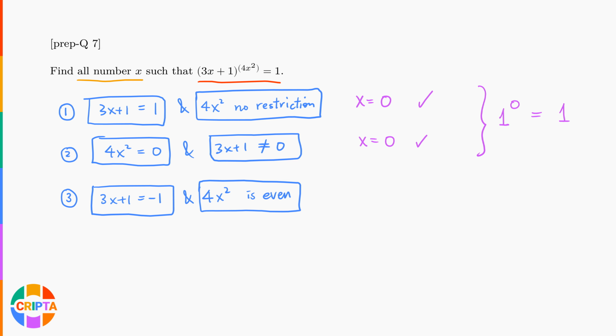This is not a special case, it's just an even stronger case for this whole thing to be 1. And now the third case, we have x equals minus 2 over 3. But when we substitute this number back into the exponent, we can see that it's not an even number. It's not even an integer. So we have to reject it.